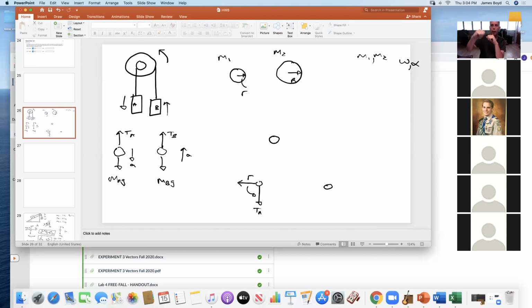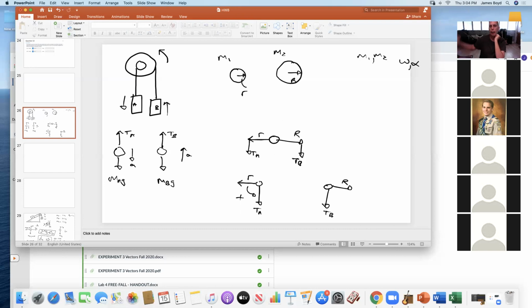That is a right-hand rule, counterclockwise positive torque. So we have little r and TA, and that's going to give a positive torque. It's going to cause this thing to rotate positively. Here we have big R and we have TB.